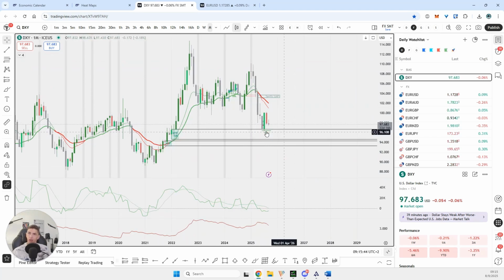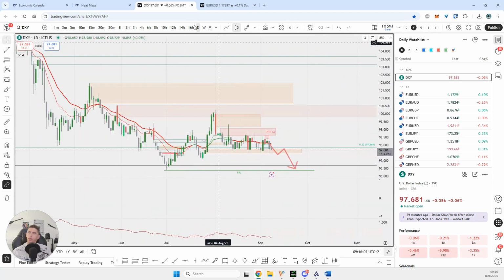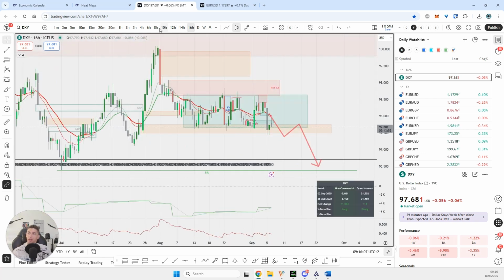We do have a demand area right below us, higher time frame demand area, so we might see a rejection out of it. For the moment, let's just wait for price to get to those levels. Yeah, and currently it's moving as expected.